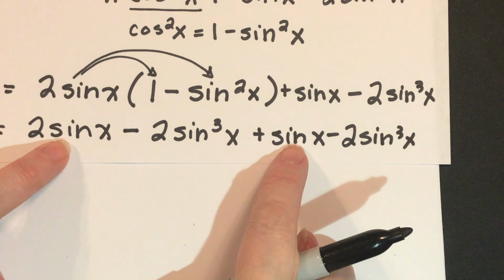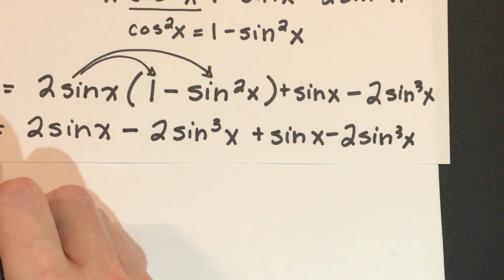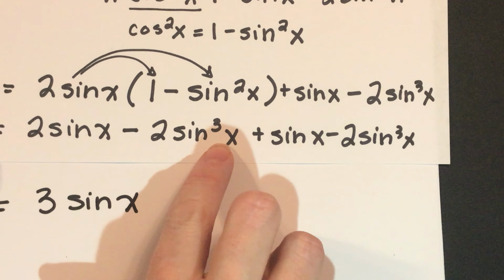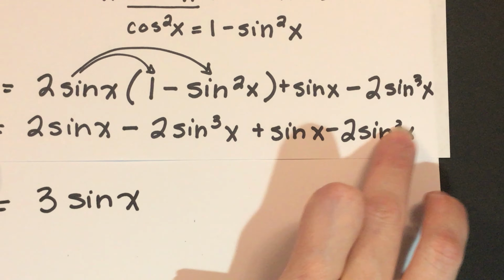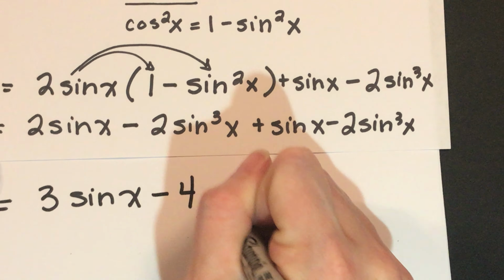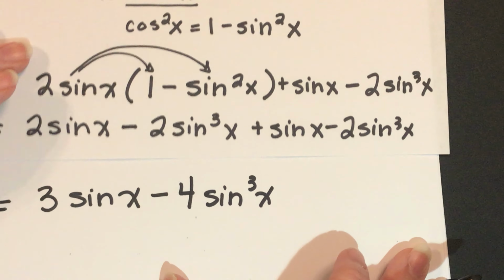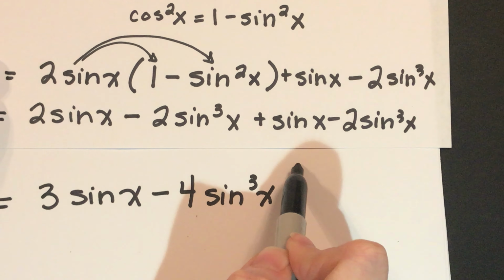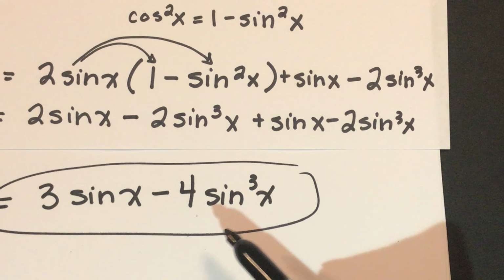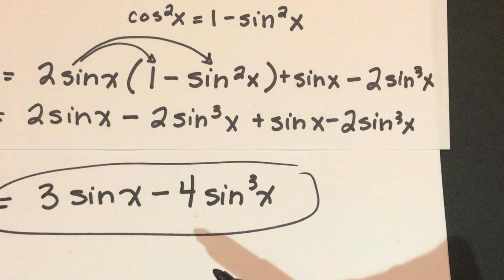We have 2 sine x and a 1 sine x, so that can become 3 sine x. Those are like terms. And then we've got a sine x cubed and a sine x cubed. So we've got negative 2 minus 2. That becomes minus 4. And now we are simplified. So this is our formula for the triple angle for sine.